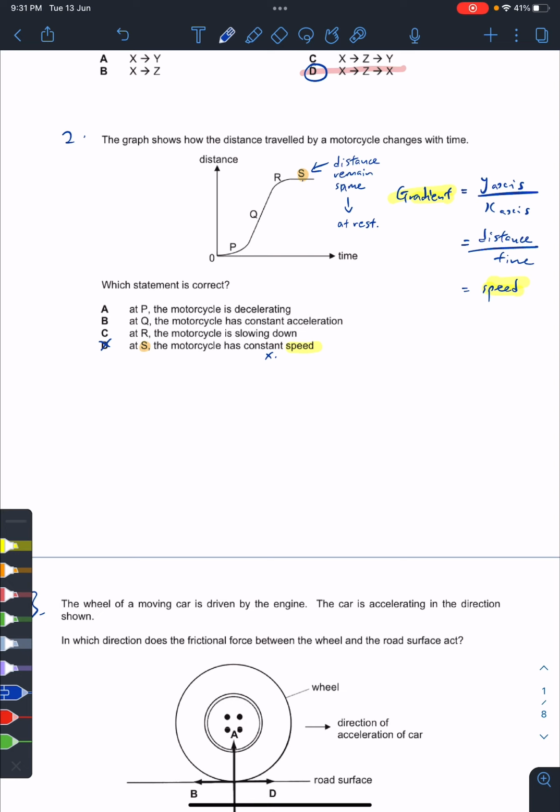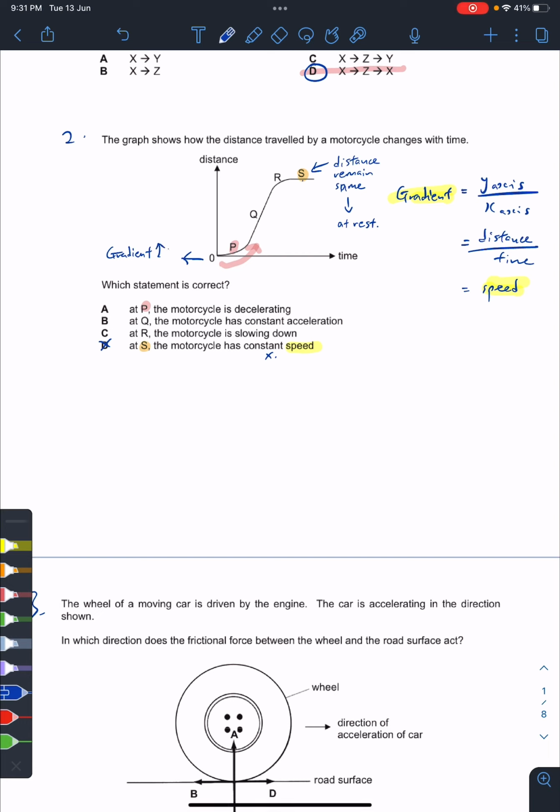Okay, next one, let's take a look at P. Option A, in red. What we can see here is the distance traveled is increasing. So you see the gradient is increasing.